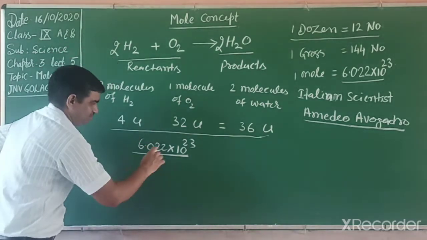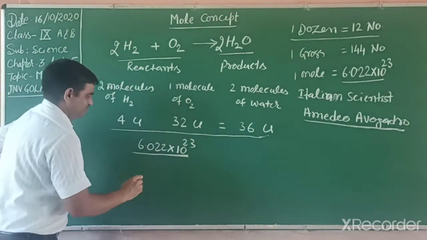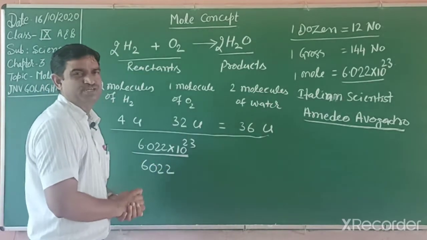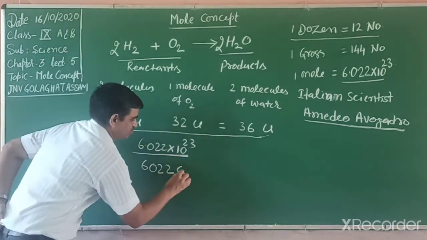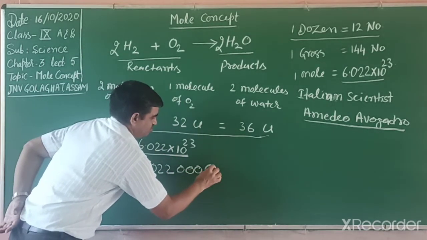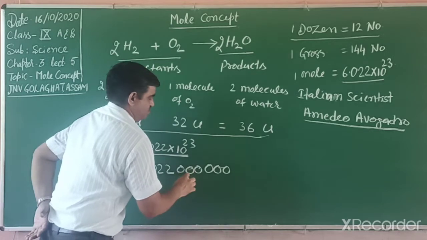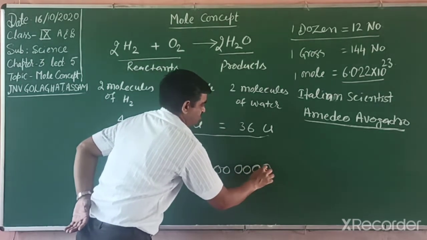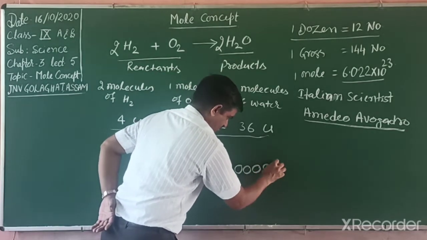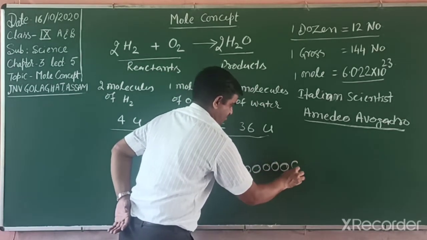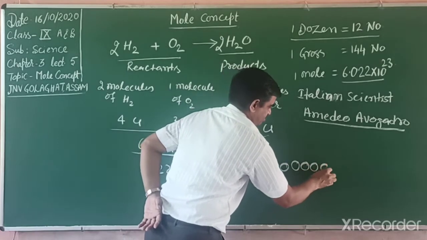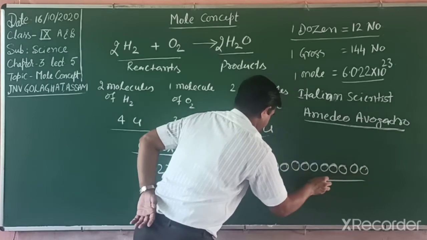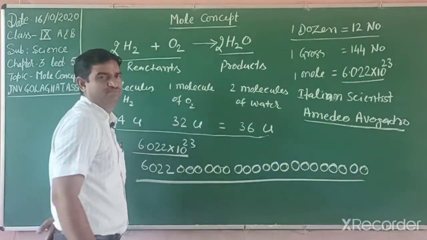We can write this number in the normal way as 6022, then we write 20 zeros, because 1, 2, 3, 4, 5, 6, 7, 8, 9, 10, 11, 12, 13, 14, 15, 16, 17, 18, 19, 20. Students, this is a large number.